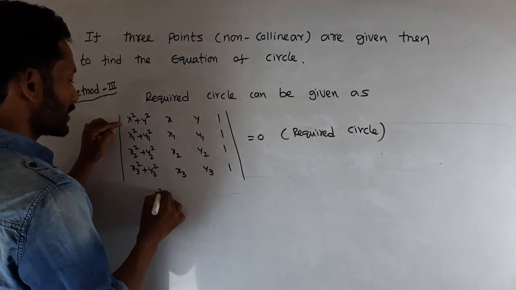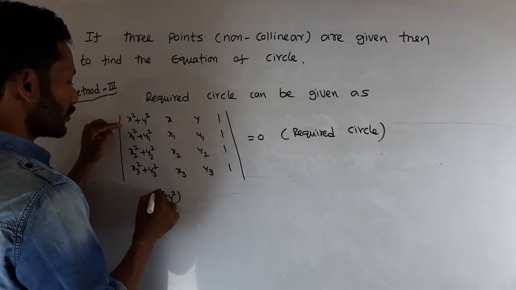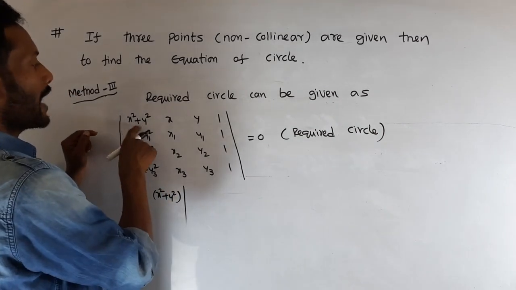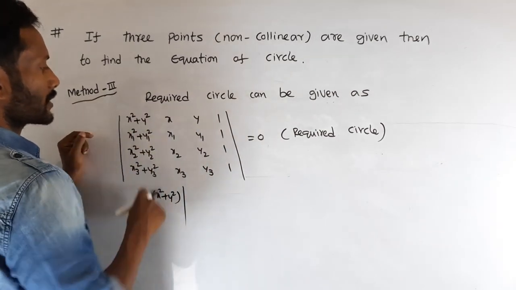So determinant x square plus y square into determinant of, we have to leave first row and first column.